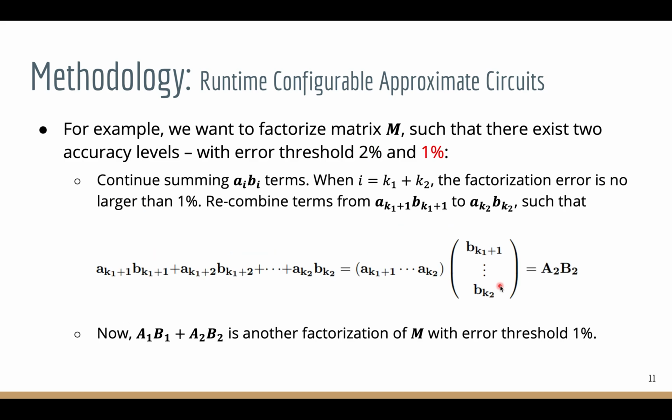Now we start working on the accuracy level of 1% error. As we continue summing A_i B_i terms, when i equals K1 plus K2, we satisfy the 1% error threshold. If we now recombine the newly added terms as capital A2, capital B2, then capital A1, capital B1 plus capital A2, capital B2 is another factorization of M with error threshold 1%.